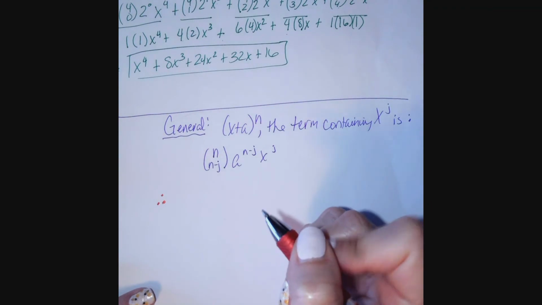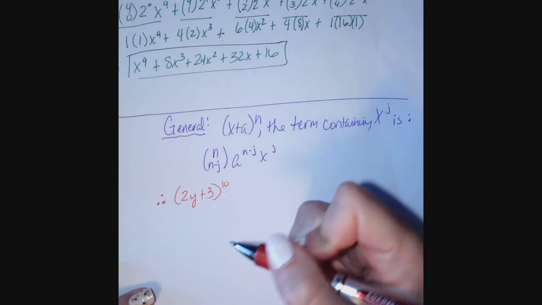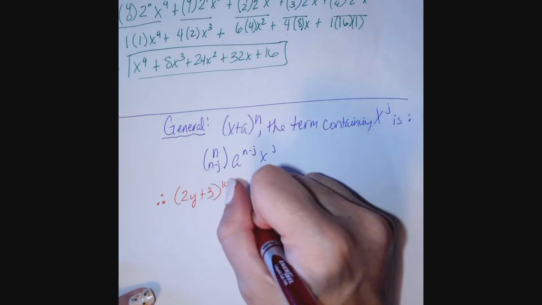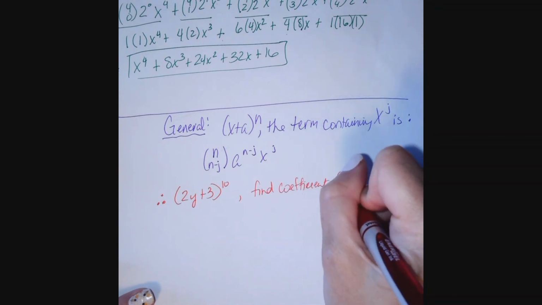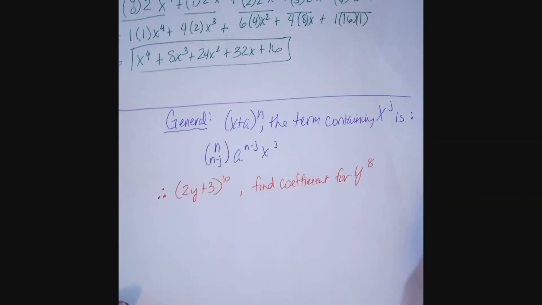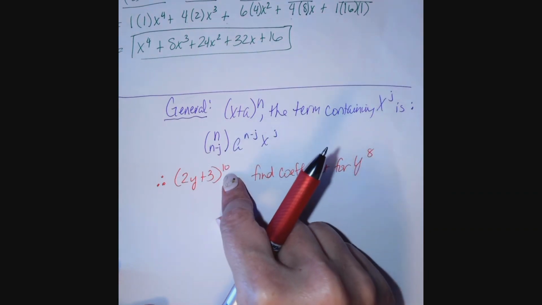Therefore, if I have (2y + 3) to the 10th power, and I want to find the coefficient for y to the 8th, well, I know that my exponents are going to add to 10 because my expansion is to the 10th.